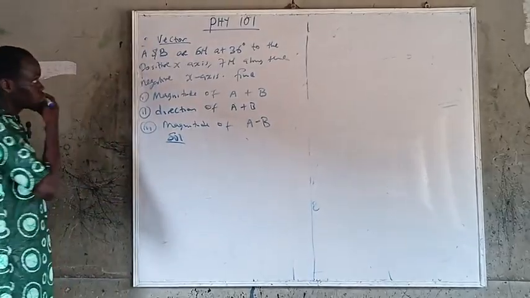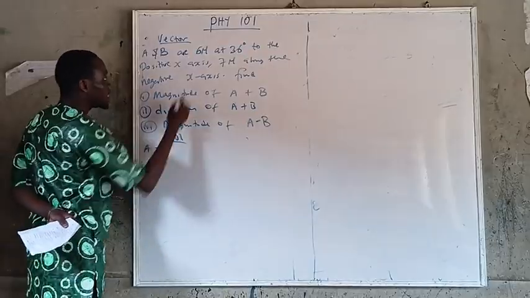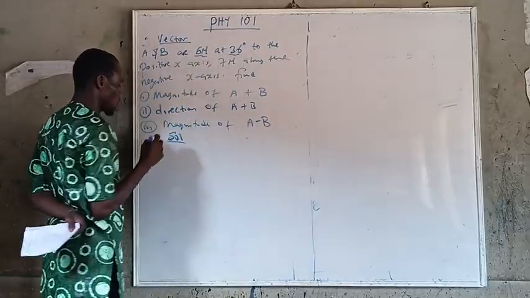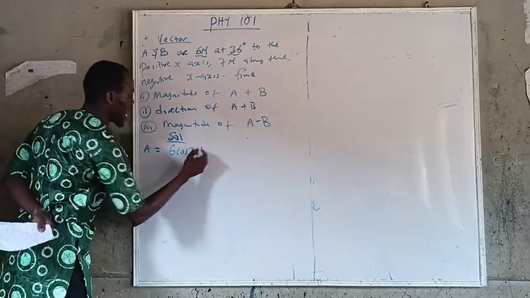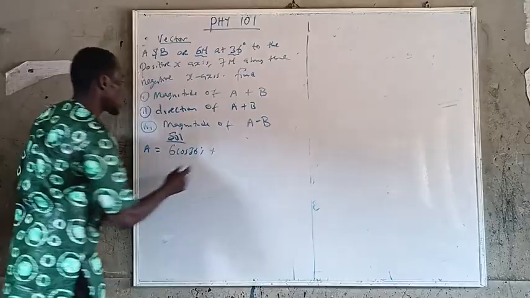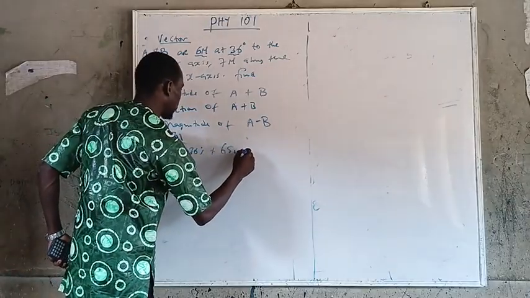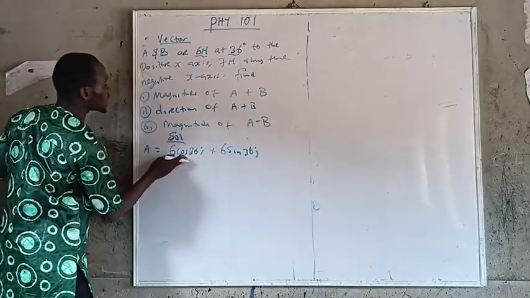Alright, so to do this, we already know that A is equal to, now this is the force, this is the angle to the horizontal. We say 6 cos 36 i plus, now why do I use plus 6 sine 36 j? Why do I use plus for the x and y?